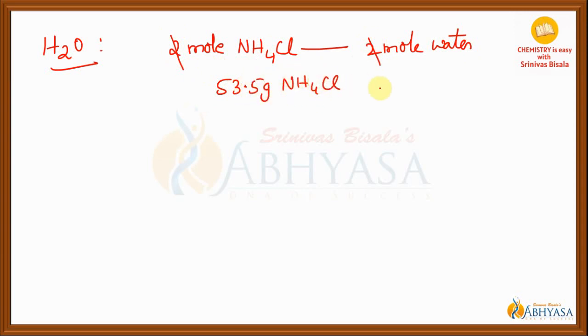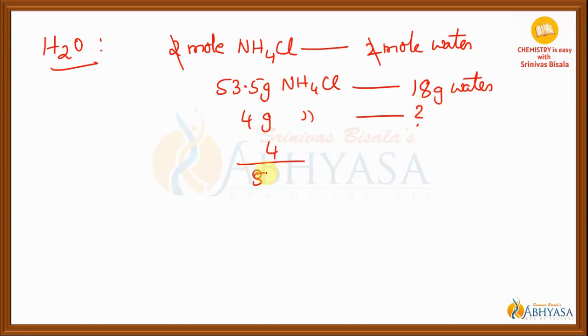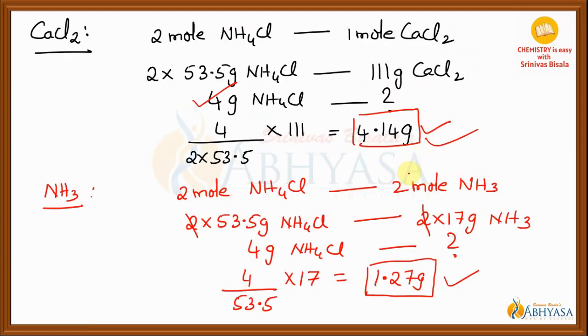Whenever it takes part in the reaction with calcium hydroxide, we get 1 mole of water, that is 18 grams of water. And whenever we are using only 4 grams of ammonium chloride, how much quantity of water is formed? 4 divided by 53.5 multiplied by 18. And this is 1.34 grams. So that is about this numerical.